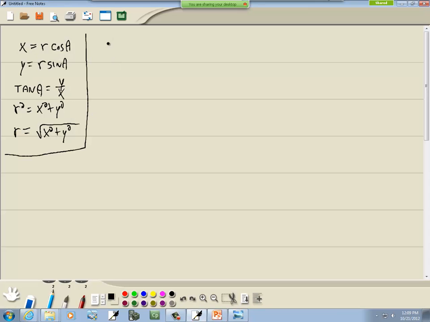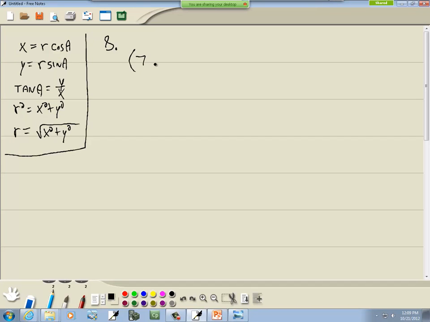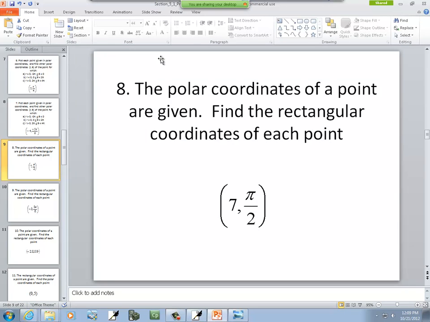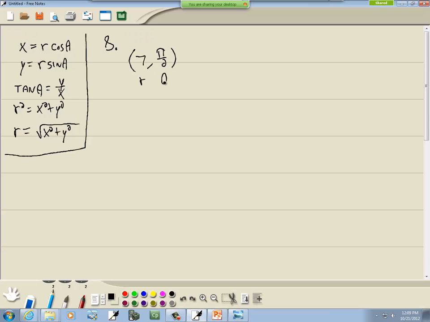And let's take a look at number 8. We got 7, and then pi over 2. It says the polar coordinates are given, find rectangular. So this is r, and this is theta. Well, we got some formulas for that. x is equal to r cosine theta, and y is equal to r sine theta.